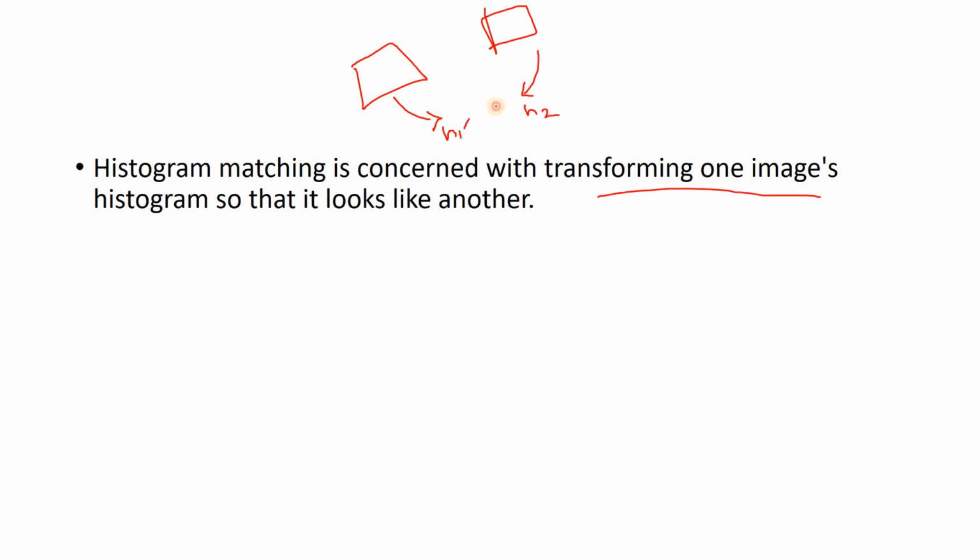If I want to apply a transformation so that H1 is converted to almost the same kind of distribution as H2, and the corresponding mapping is reflected in the image, then obviously the image pixel intensities will change and the color will look almost the same as the other image. That is what histogram matching is about.